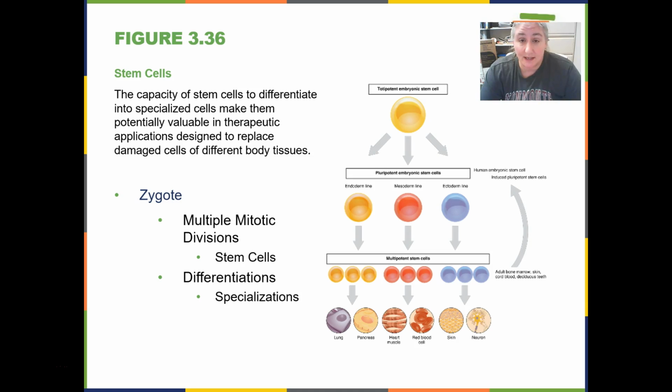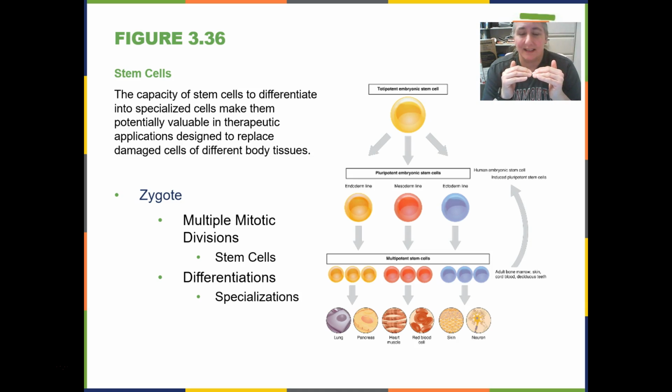Initially, it is a single cell. Within the first 24 hours, it becomes a double cell. So there's two cells, and then 4, and then 16, and then it just keeps getting bigger and bigger. Once it has hit the blastocyst stage, it's going to embed in the uterus.